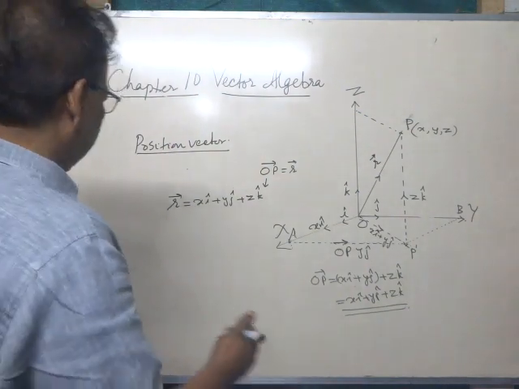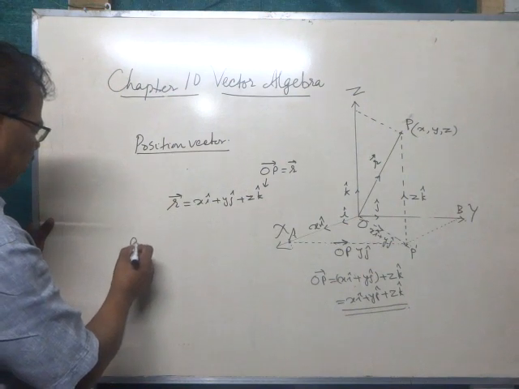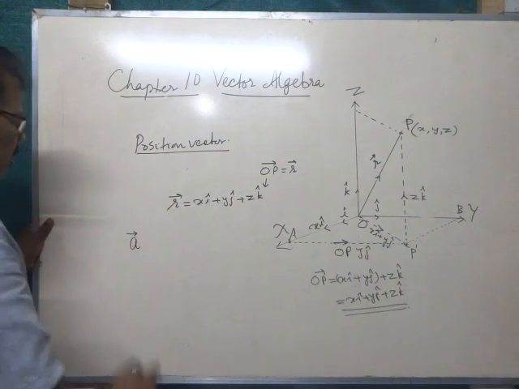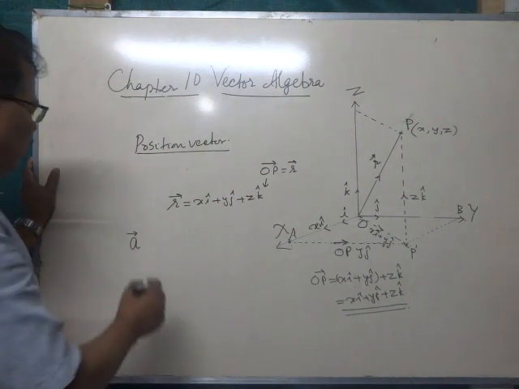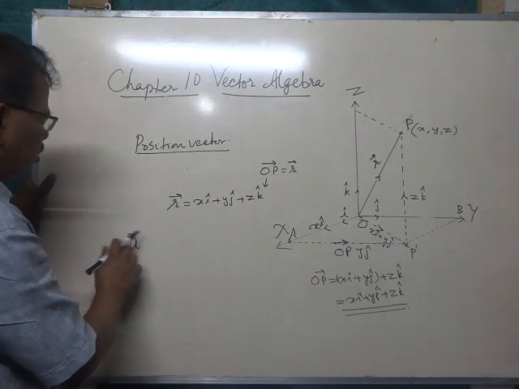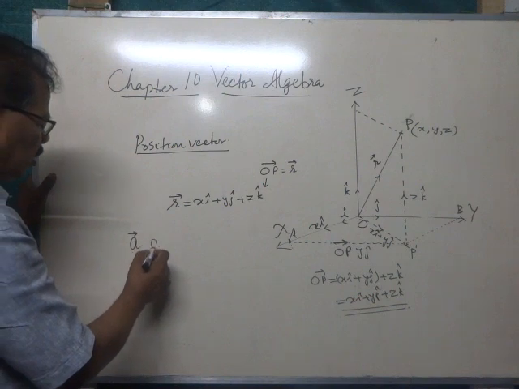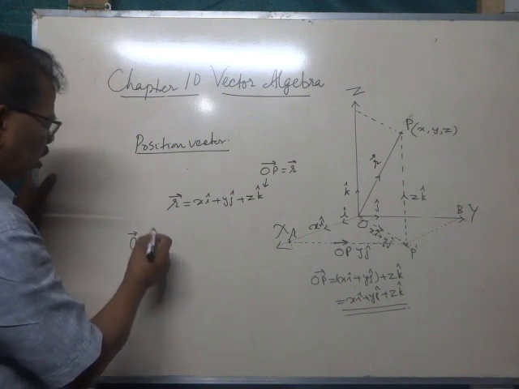Now, a vector can be represented by a small letter with an arrow mark above it, or sometimes it is without that arrow mark.